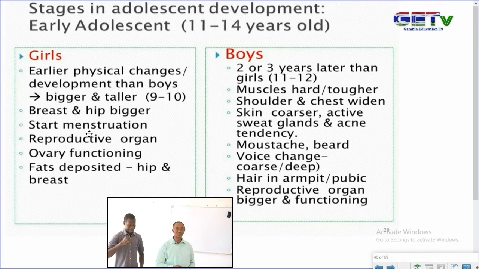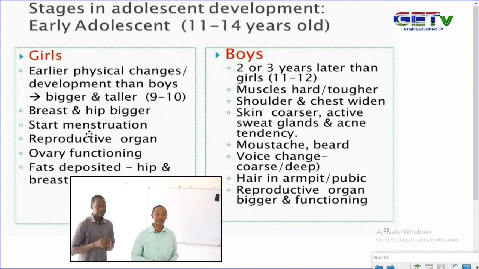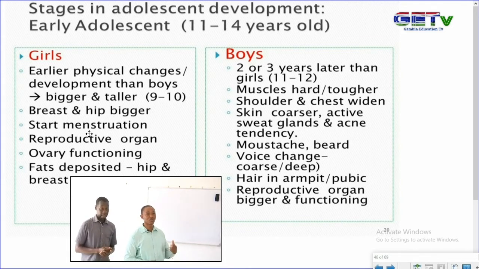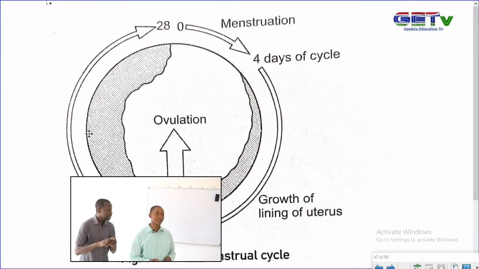They begin to produce things we call pimples. They develop a mustache, they have hair on the face, and they also develop hair in the armpit and the pubic or reproductive area. But don't forget, the production of hair in the armpit and the pubic area is common to girls as well at that age.